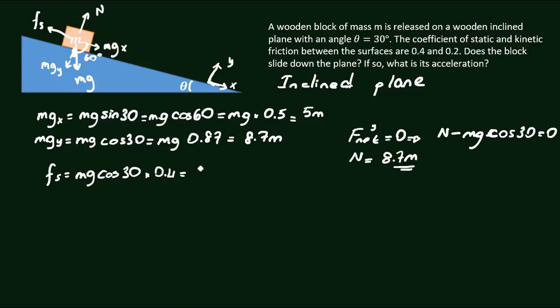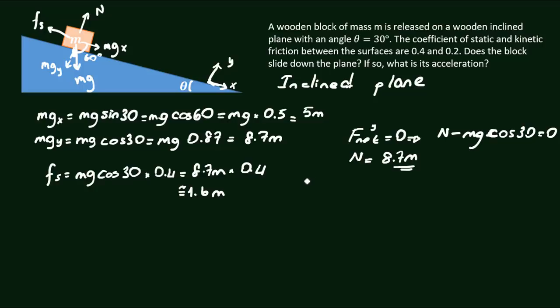So it's 8.7m times 0.4, which is almost 1.6m newtons.